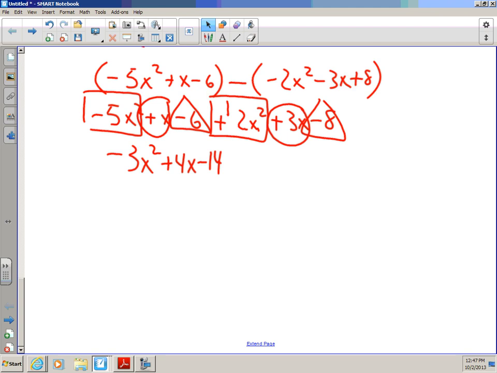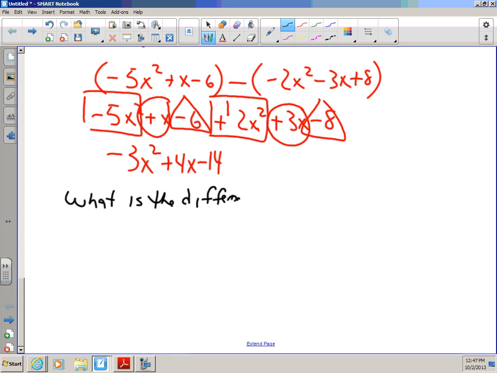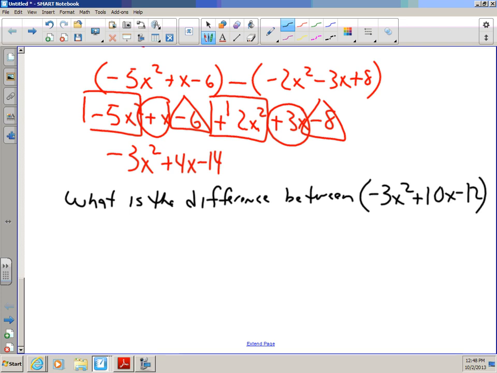Another way to state this type of problem is, what is the difference, sorry for the handwriting there, what is the difference between negative 3x squared plus 10x minus 12 and 5x squared minus 2x plus 3.